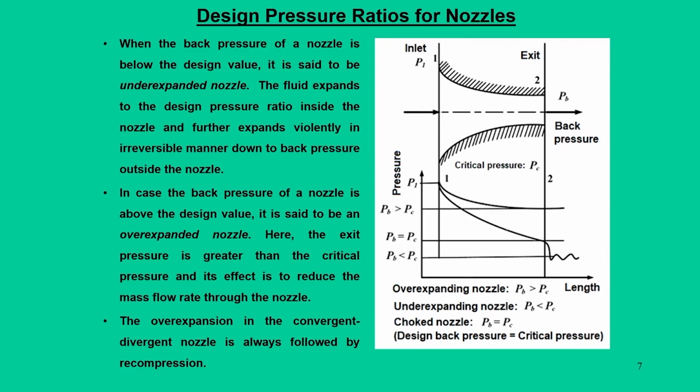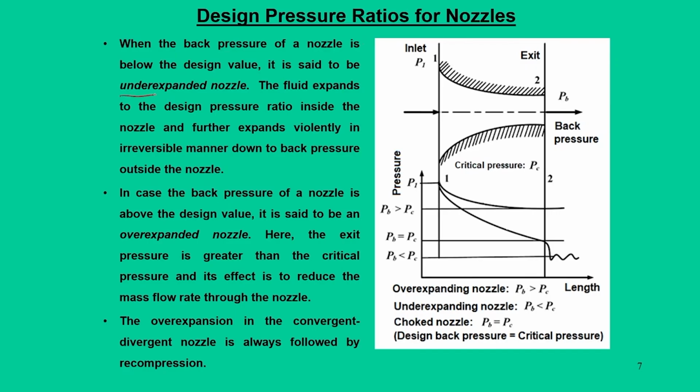So, side by side, the simultaneous effect of area change and the pressure difference will determine what velocity we are going to achieve and what is the physical behavior or nature of the flow in the nozzle.